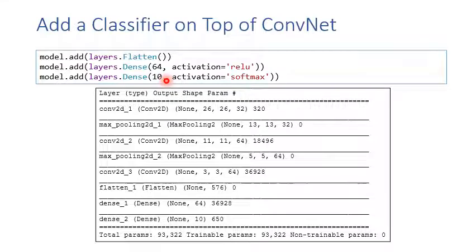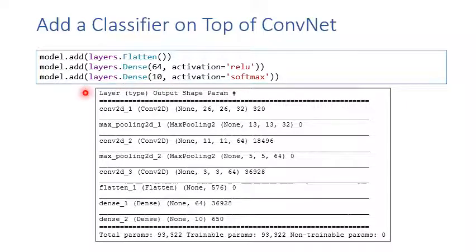Because we are doing multi-class image classification, we add the softmax with 10 dimensions. We are classifying 10 digits as the final output layer. Usually we will add one dense layer between the flattened vector and the final output softmax layer.